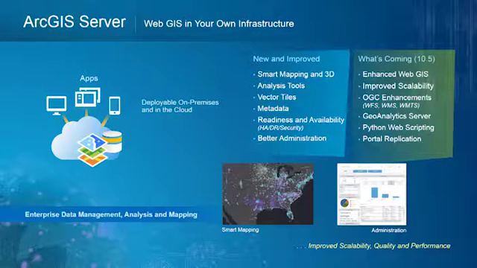What's coming in the next year is a whole bundle of things. Enhanced WebGIS support, improved scalability. This is a big one. So I can implement ArcGIS server on not just a few machines, but on complete distributed computing environments with dozens or hundreds or even thousands of machines.